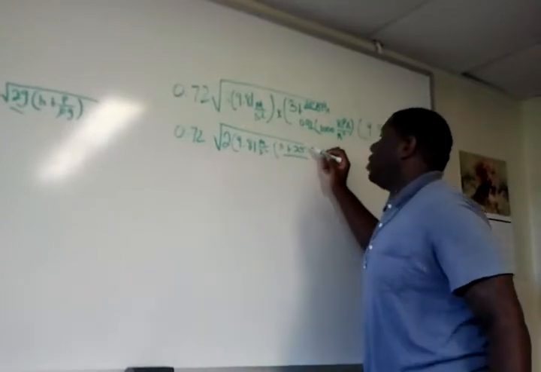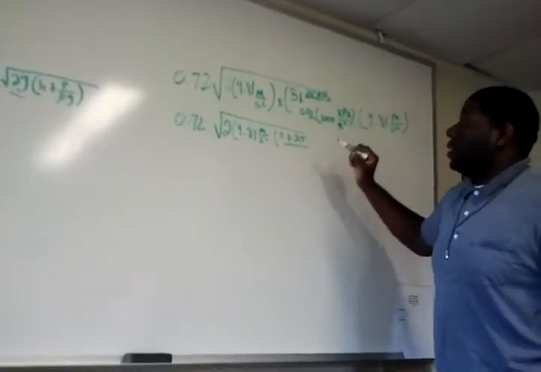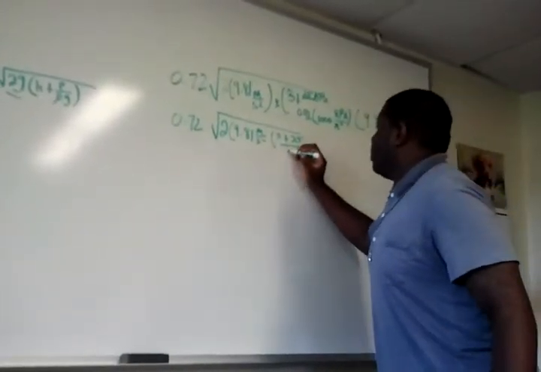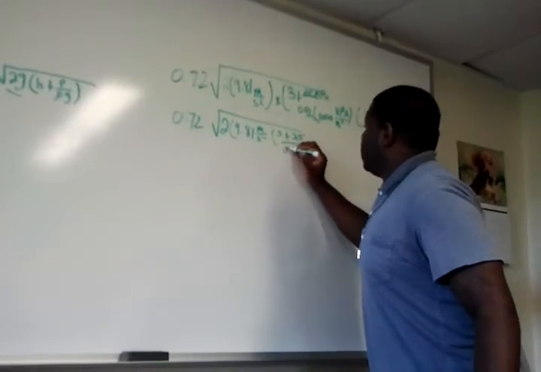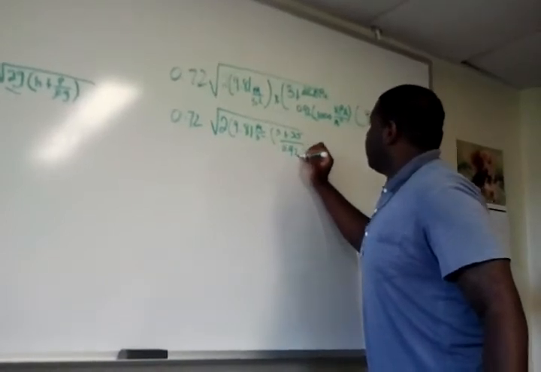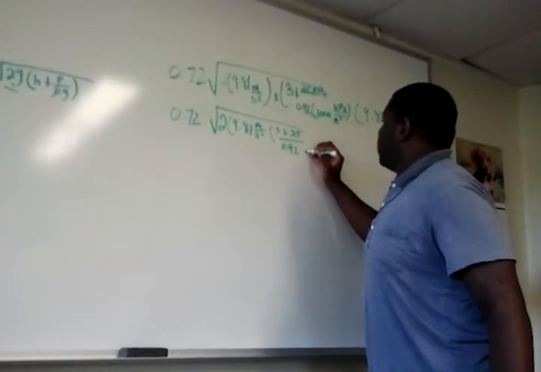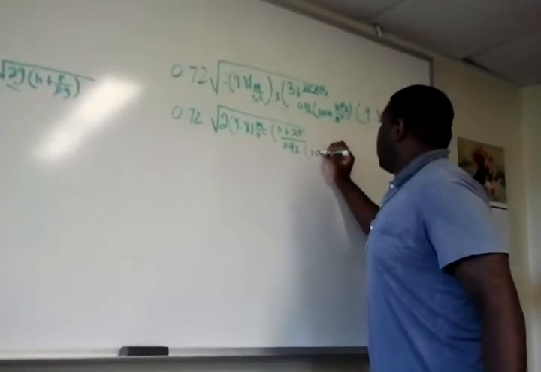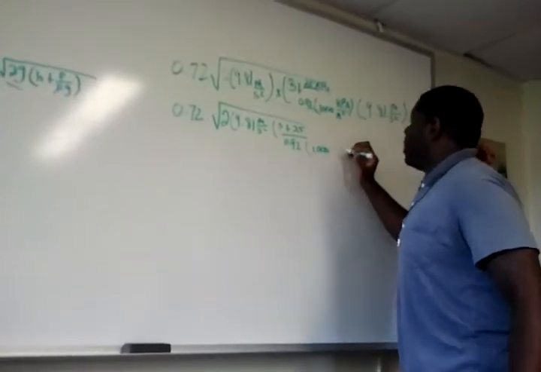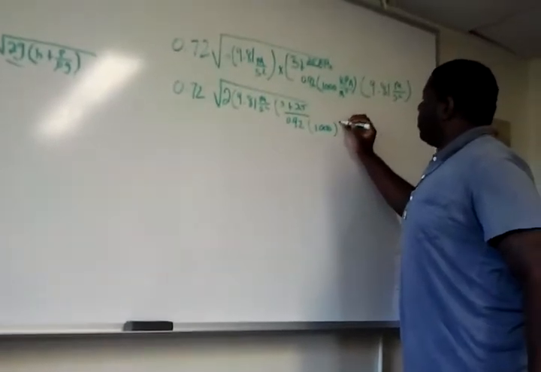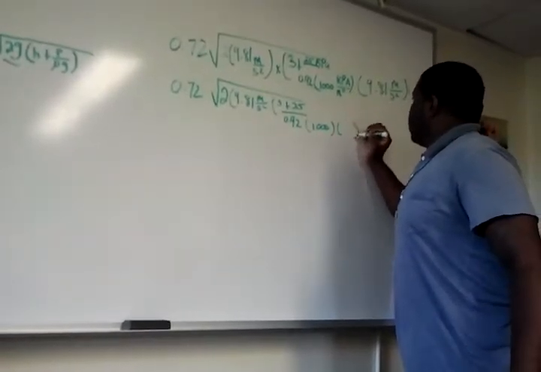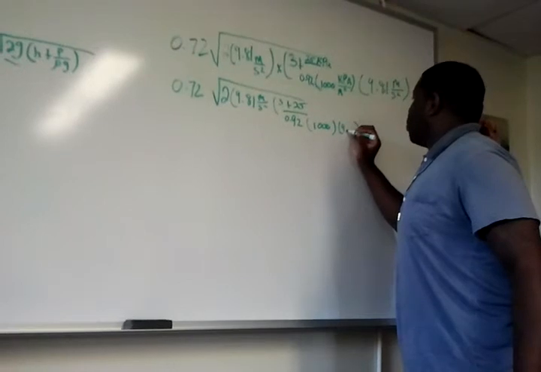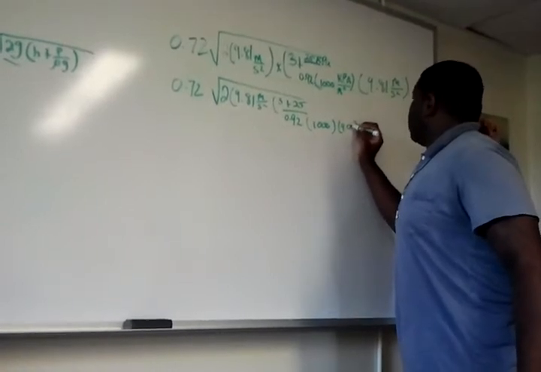Our 25 is our pressure gauge in kilopascals, and density is specific gravity times 1,000 times 1 more gravity.